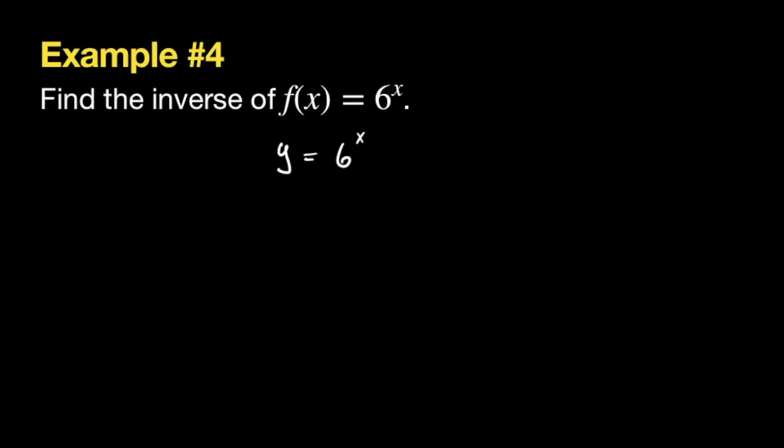We're going to swap our x and y, so we're going to put x is equal to 6 to the y. And now you're going to do log base 6 on both sides. This cancels, and you're left with log base 6 of x is equal to y. So that will be the inverse function. So we know that that is the inverse of 6 to the x power.